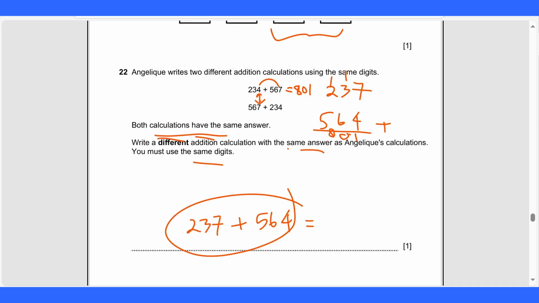As 4 plus 7 is 11, keep 1, and 3 plus 6 is 9, plus 1 is 10, and we keep 1 here. 5 plus 2 is 7, plus 1 is 8. So 801. Okay.